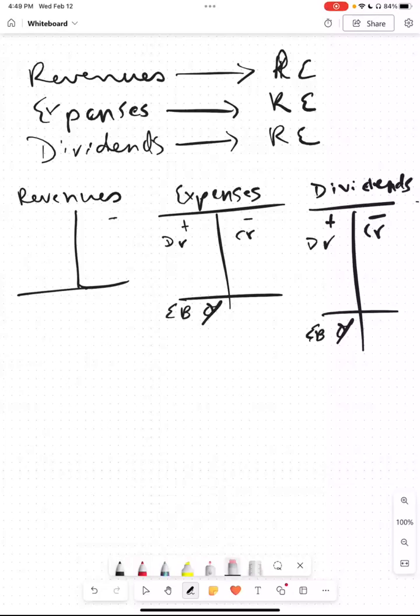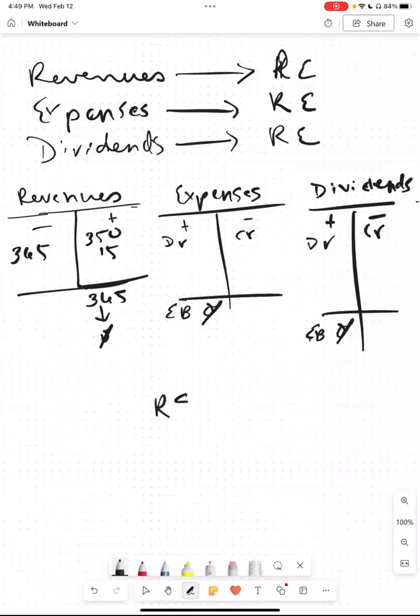Sorry. Oh, don't get confused. Don't let what I'm doing confuse you. Okay. So we had 350,000 and 15,000 in here, which means we had a balance of 365,000. We want that to be zero. The way we're going to get to be zero is we're going to put 365,000 in the debit side here.